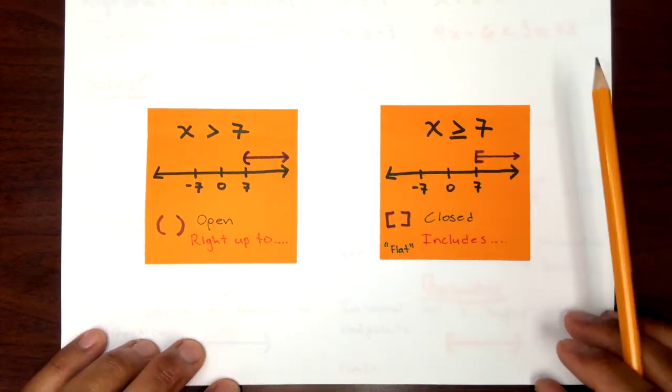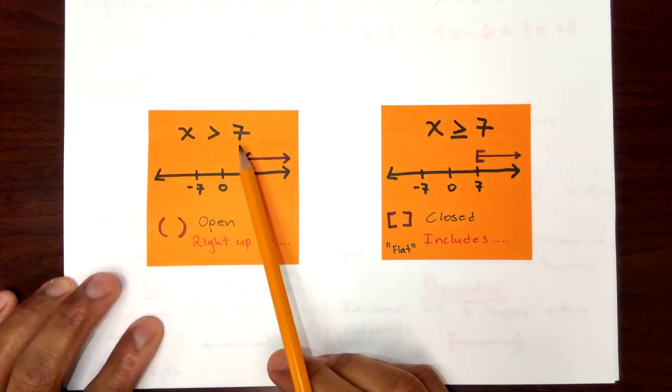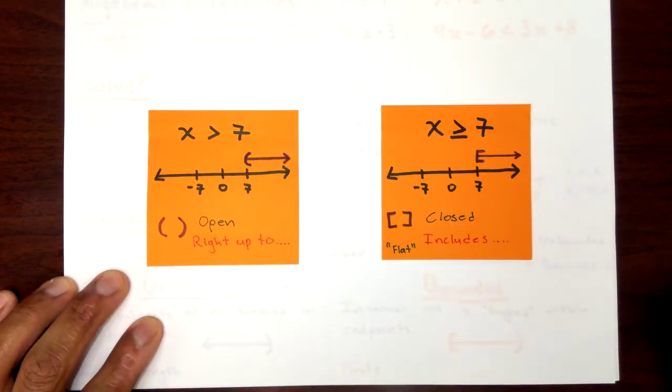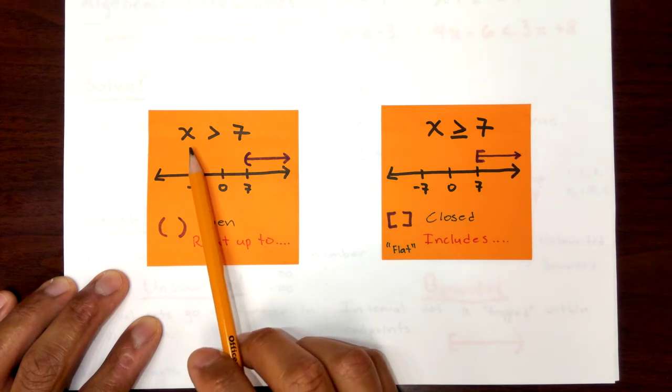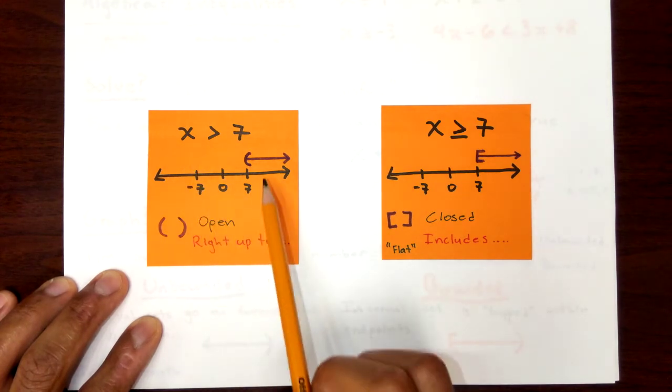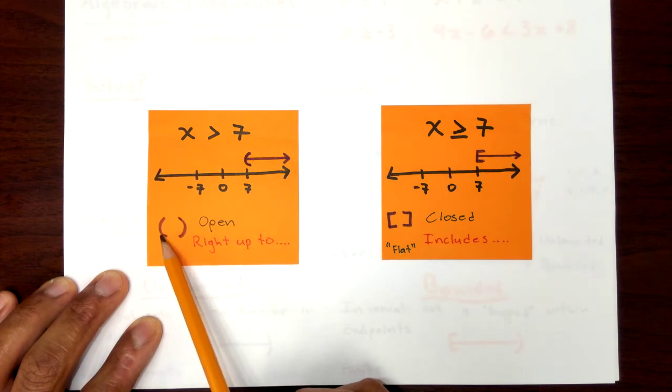X is greater than 7 tells me that the x value, whatever it may be, is going to have to be bigger than 7. It could be 7.1 or it could be 532. We don't know what that x is going to be, but to graph it, we have to use something called a parentheses.